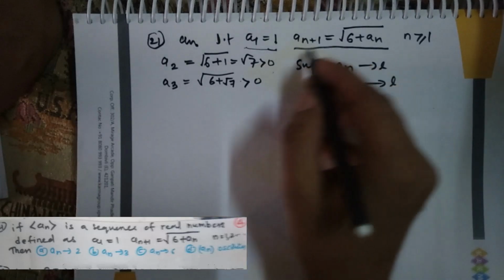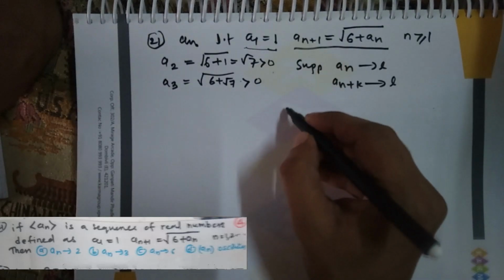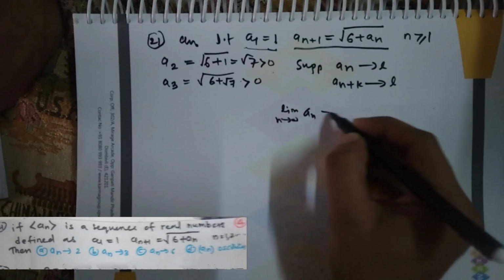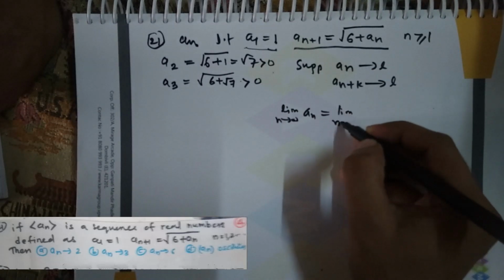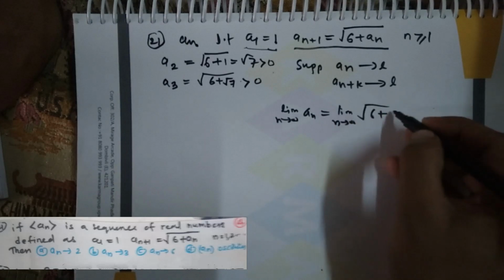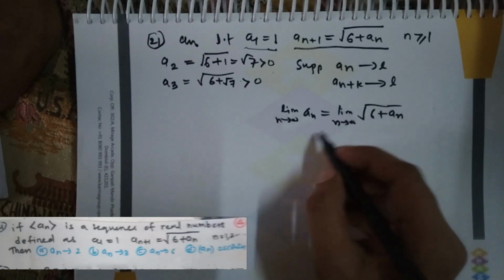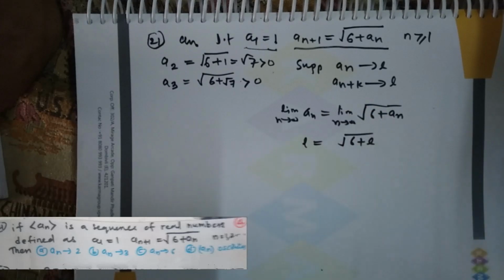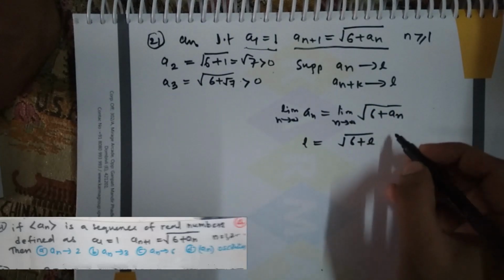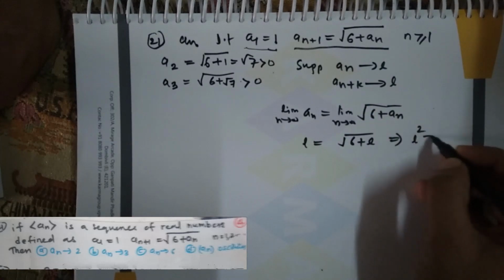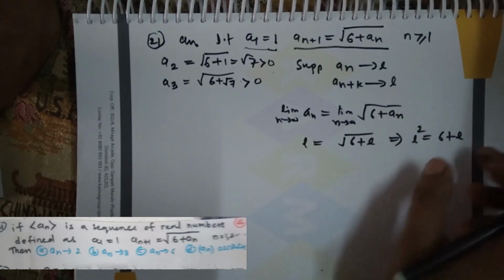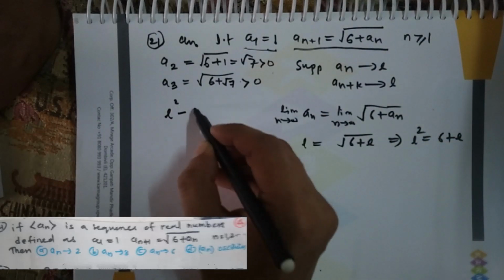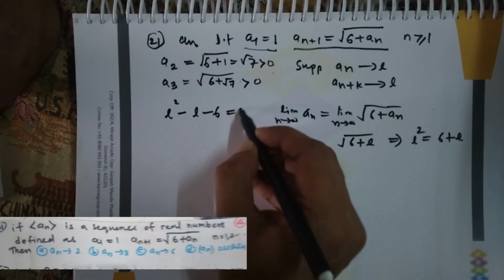So if I take the limit on either side, I will get limit n tends to infinity a_(n+1) equals limit of square root of 6 plus a_n. If I apply the limit here, I get L, and this will be the square root of 6 plus L. Just take the square on both sides, so I will get L square equal to 6 plus L. If I take this 6 and L to that side, I will get L square minus L minus 6 equals 0.